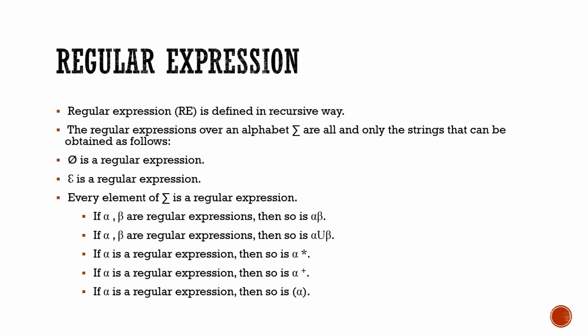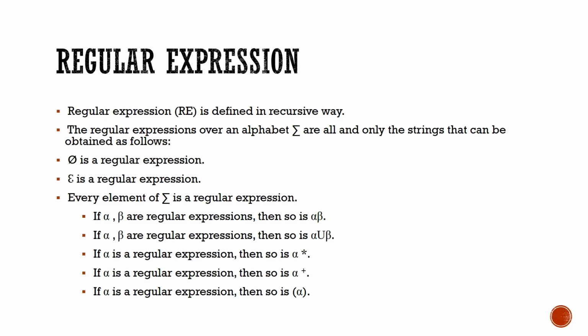There is no restriction on the length of the variable. Can we write a different recognition for every variable? No. Instead, we recognize them in a repetitive fashion. This is called the recursive way; regular expressions are defined in a recursive way.